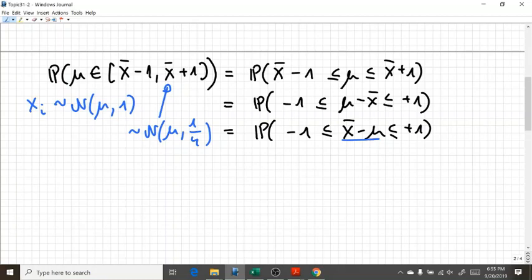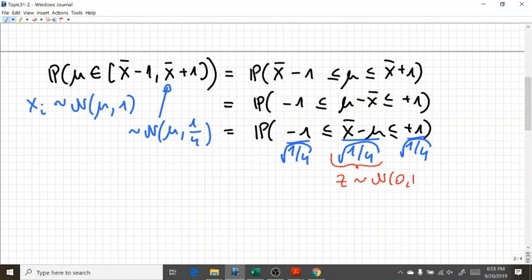I just need to divide it by the standard deviation, which is the square root of 1 divided by 4. And I get, in the middle, a standard normal random variable by using this proposition that we just saw.